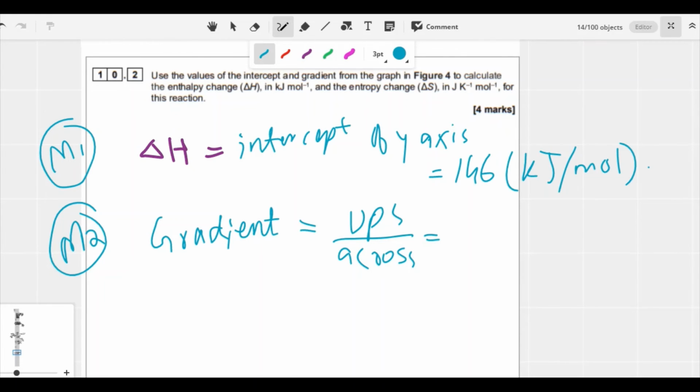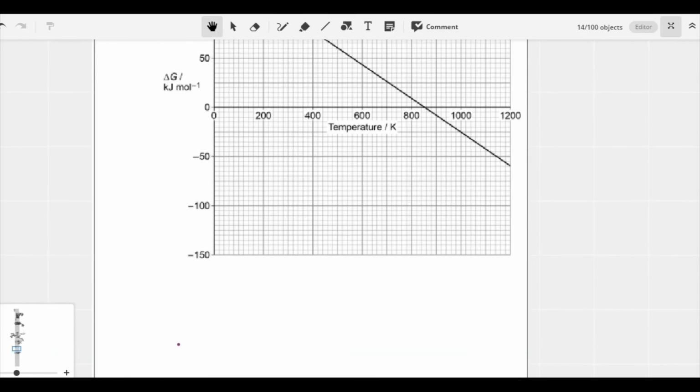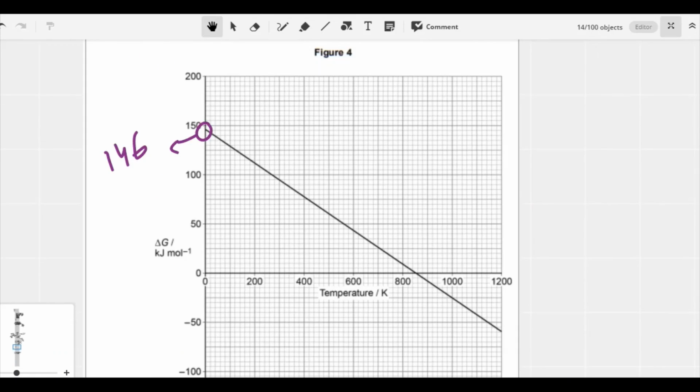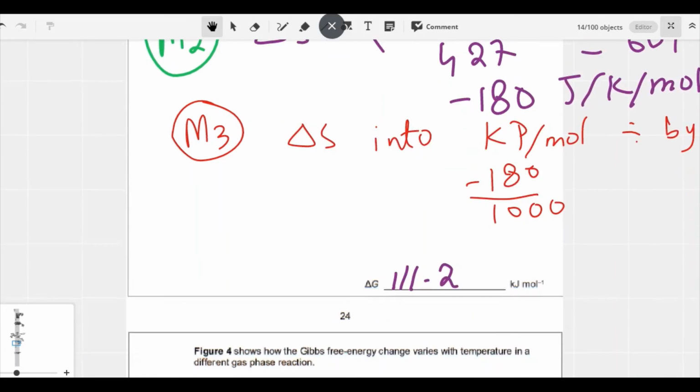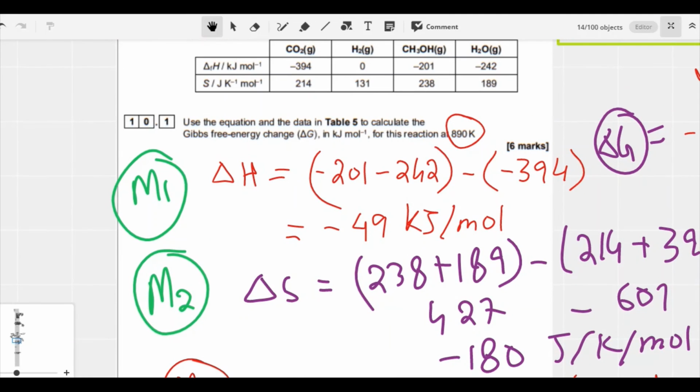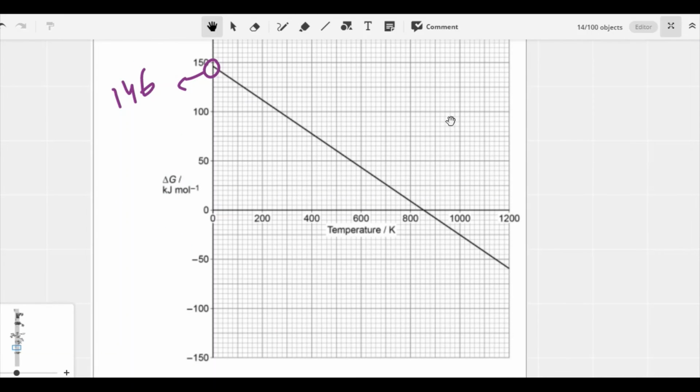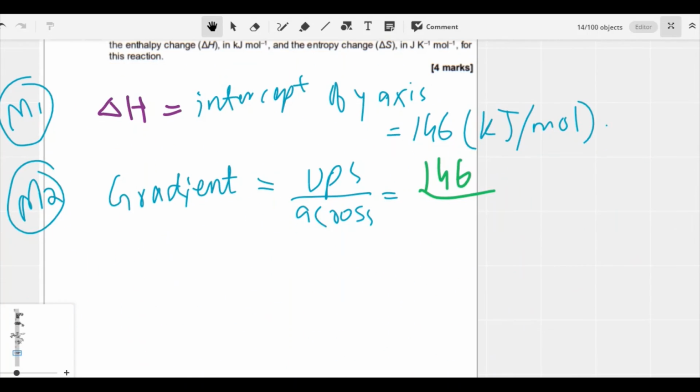Let's suppose here the up equals 146 and the across is actually the temperature here, which is also given, you can see here, intercept at 0, normally 845. So that will equal 146 divided by 845.